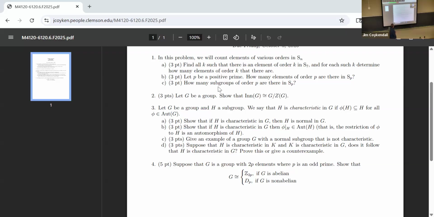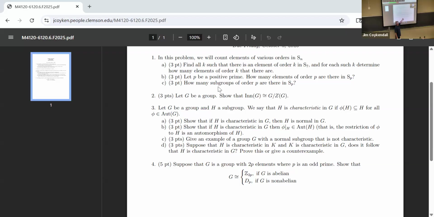And number 4, this is kind of a cool classification problem. So once again, classification. Suppose I walk up to you on the street and I give you a group and it's got 2P elements where P is prime. So that could be 10, it could be 14, it could be 202, any 2 times a prime. Show that one of 2 things happens.